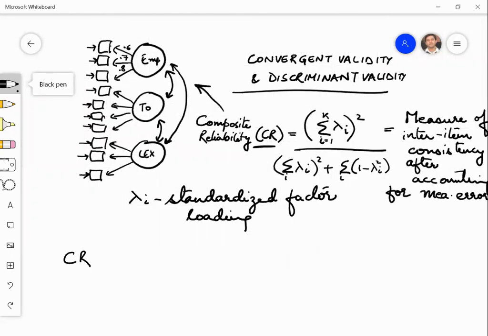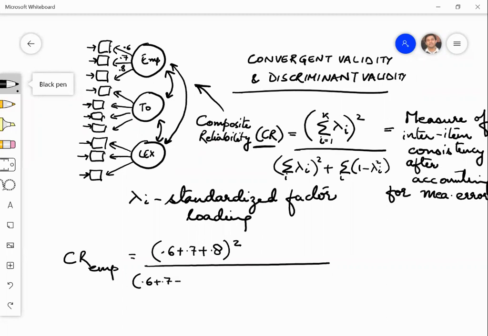It is going to be (0.6 plus 0.7 plus 0.8) whole square, divided by (0.6 plus 0.7 plus 0.8) whole square plus the summation: (1 minus 0.6 square) plus (1 minus 0.7 square) plus (1 minus 0.8 square).